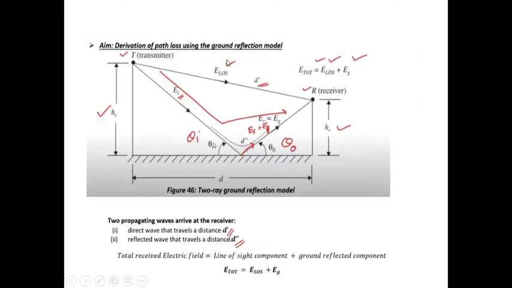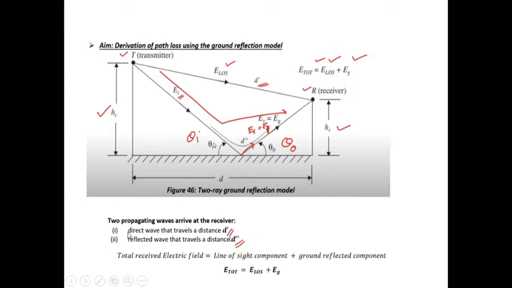If we are aiming to derive the received power or the path loss for such a two-ray model, we have to consider the total electric field at this particular receiver point. The total electric field will be the sum of the line of sight component and the ground reflected component.